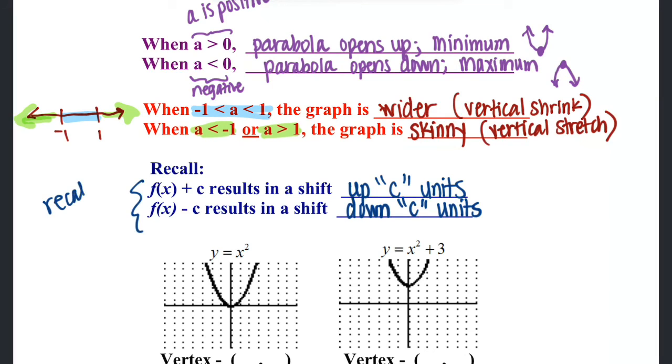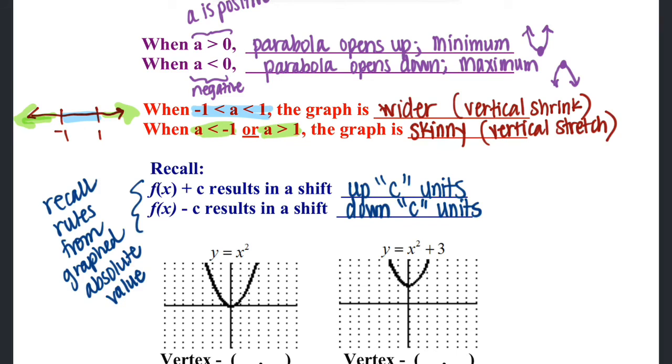So you may have to go back and recall these rules from when we graphed absolute value functions. We graphed absolute value functions a few chapters ago, probably 3 or 4 units ago. So when we graph those, that's when you'll have your list of all your rules.